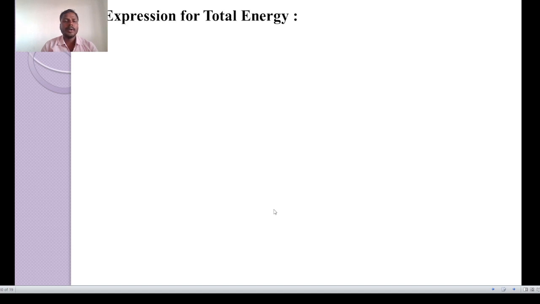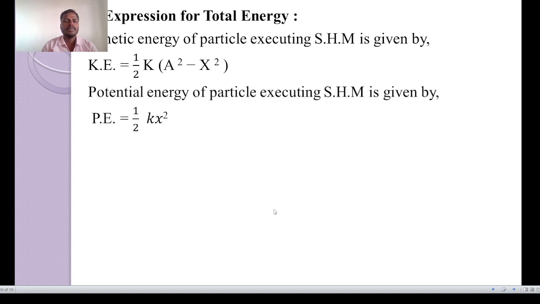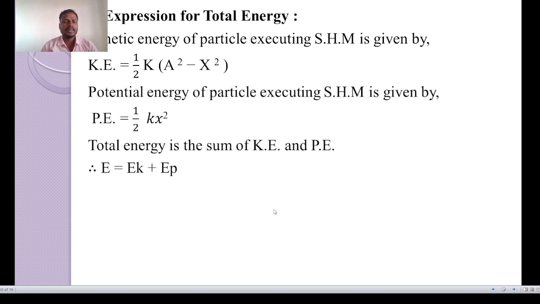Now, the third point is the expression for total energy. We know that total energy is kinetic energy plus potential energy. As kinetic energy is equal to 1 by 2 k in bracket a square minus x square, and potential energy is 1 by 2 k x square.